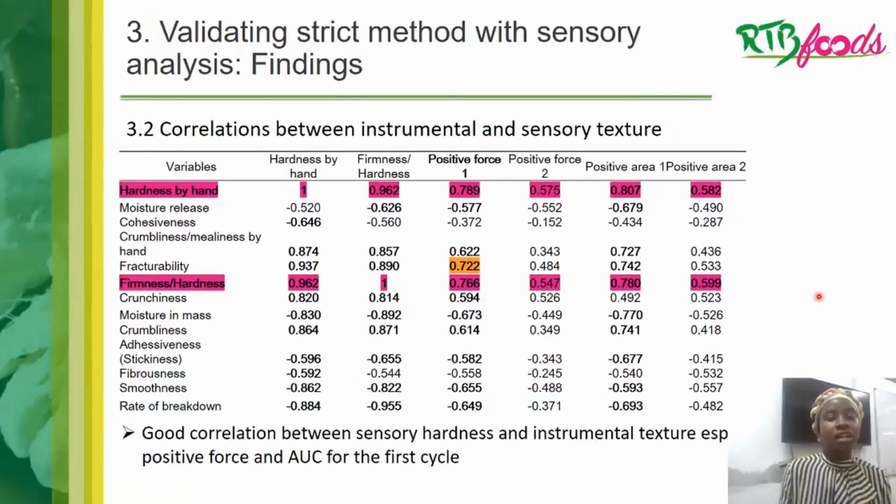When we did the correlations between sensory texture and instrumental texture, we realized that there was indeed a good correlation between sensory hardness, both by hand and in mouth, and parameters of instrumental texture, particularly positive force and positive area of the first compression. So that means we had been able to optimize our method with sensory.